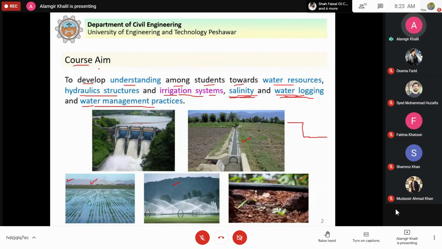So this is the course aim: to develop understanding among students towards water resources, hydraulic structures and irrigation systems, salinity and waterlogging, and water management practices. We will study all these in detail in this course.